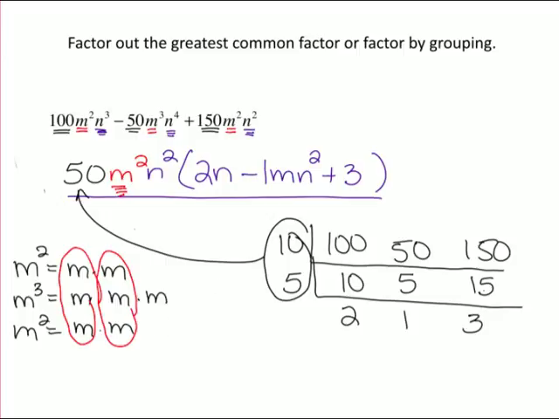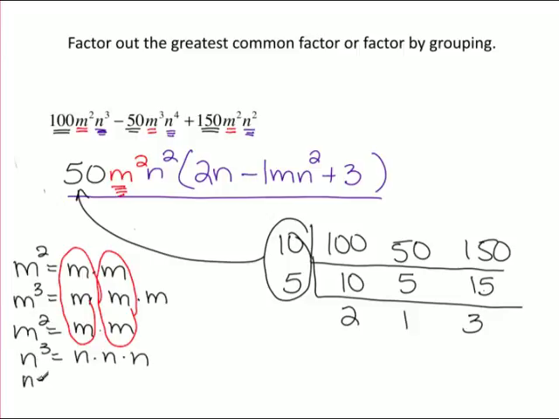And we can do the same thing with the n's. So if we look at the n's, we have n cubed, which means n times n times n.